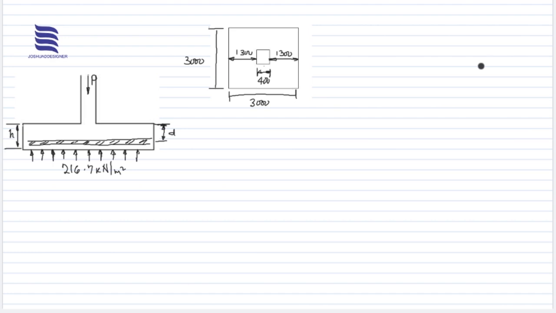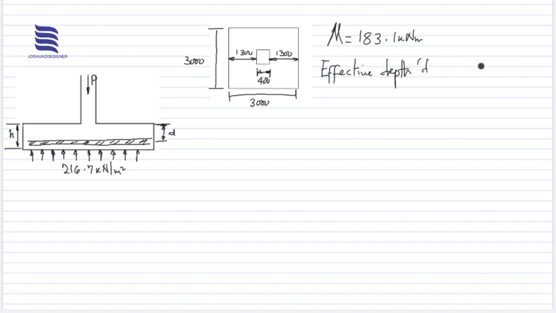Now, having obtained our moment to be 183.1 kilonewton meter, we want to begin to design. But before then, we need to obtain our effective depth D, because we apply the effective depth in our design.